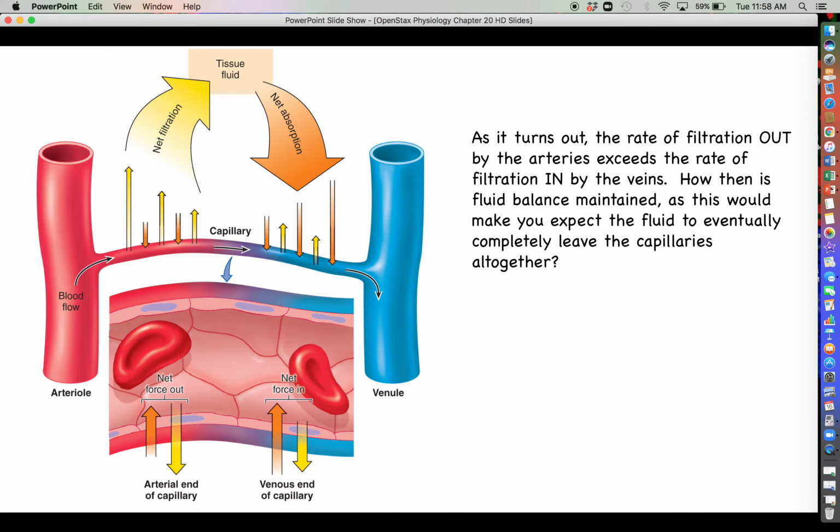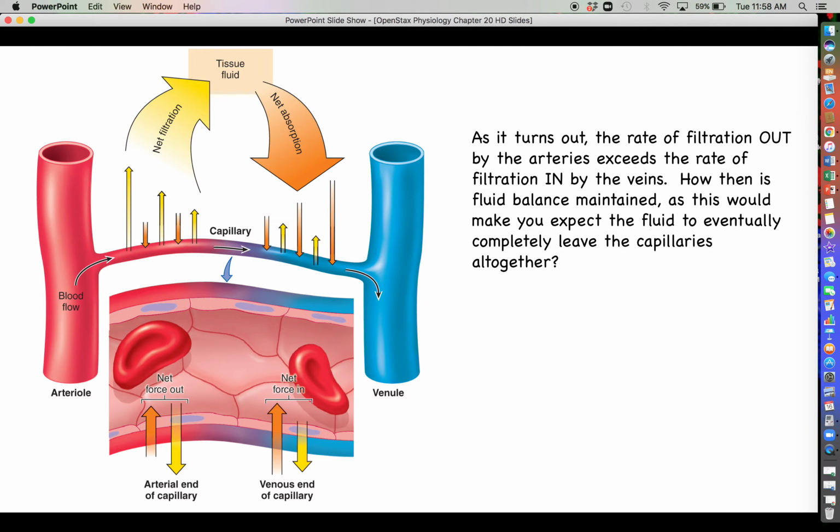But as it turns out, the rate of filtration out of the arteries is actually greater than the rate of absorption back in the veins. So if this is left unchecked, we're going to end up in a situation in which the net movement of water is into the interstitial fluid, and eventually we're going to drain all the water out of the veins.